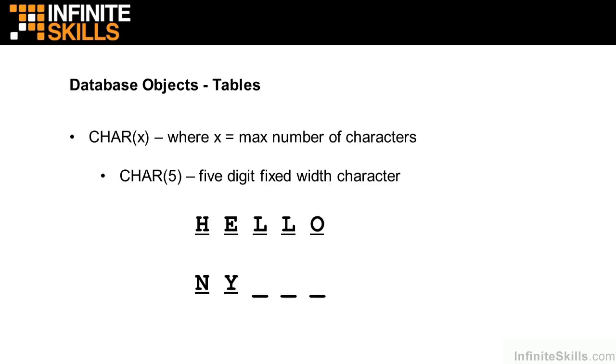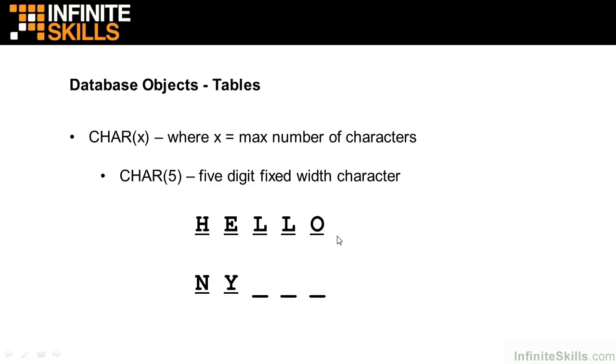So char is a character-based data type that holds character data. When we define a char data type, we use a max number of characters. So we specify the char, C-H-A-R, and then in parentheses, a digit for the max number of characters. So if we had a char 5, we have a fixed width character that can hold those 5 characters. So it basically allocates 5 characters.